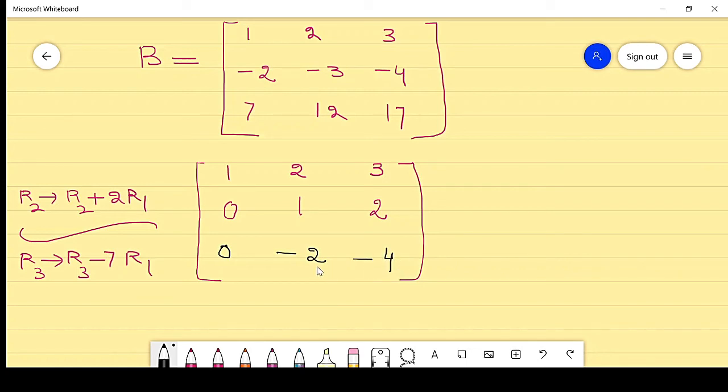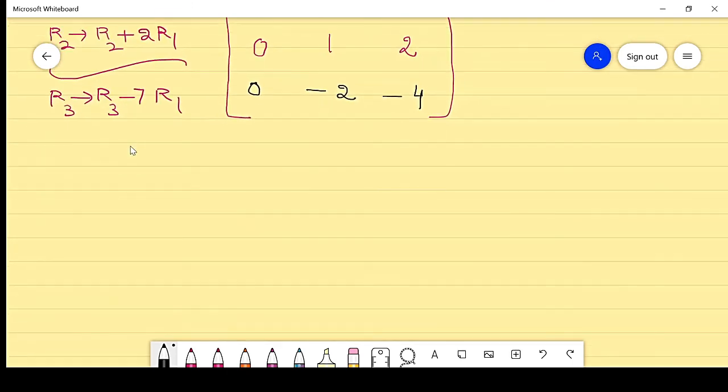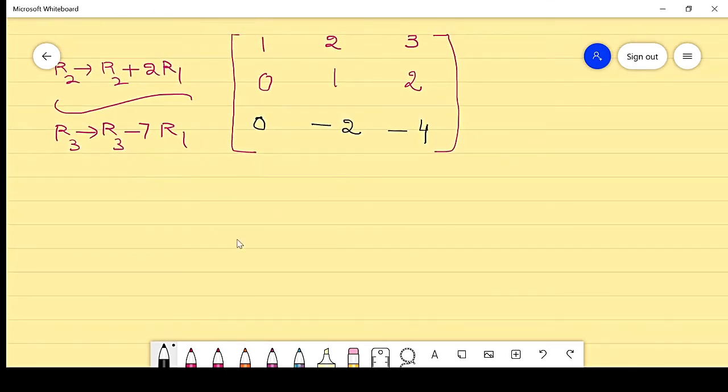Now these are the diagonal entries, so my aim is to make it 0. So to make it 0, I operate R3 equals R3 plus 2R2.